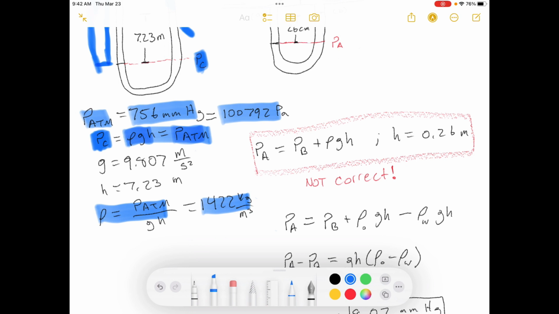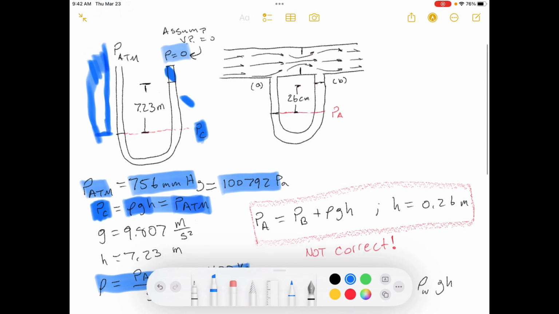Okay? Now here's where I made my error. In this part, I said that the pressure at point PA is only equal to the head pressure difference here due to the manometer fluid. However, if we look closely, this pipe is no longer filled with air, it's filled with water.